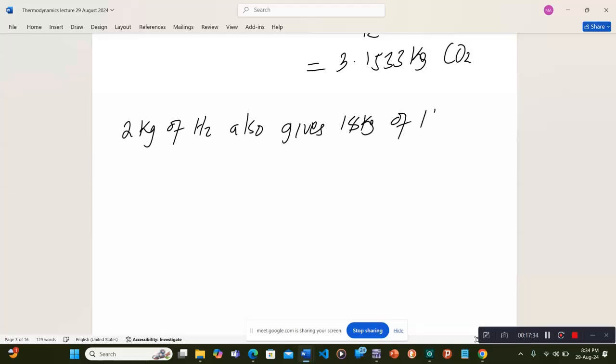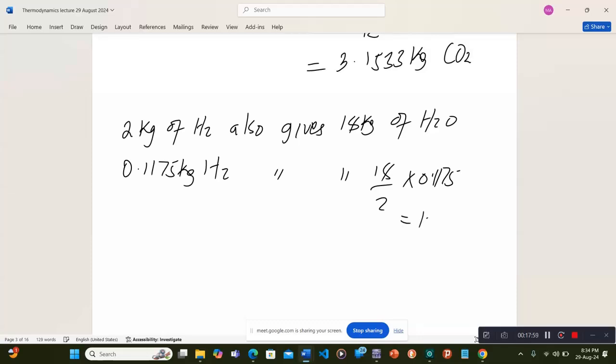So what about the 0.1175 kilograms of hydrogen? Will give 18 out of 2 times 0.1175. So that is 9 times 0.1175, and this gives us 1.0575 kilograms.